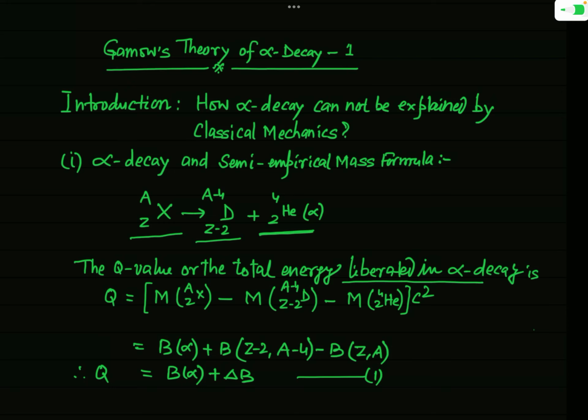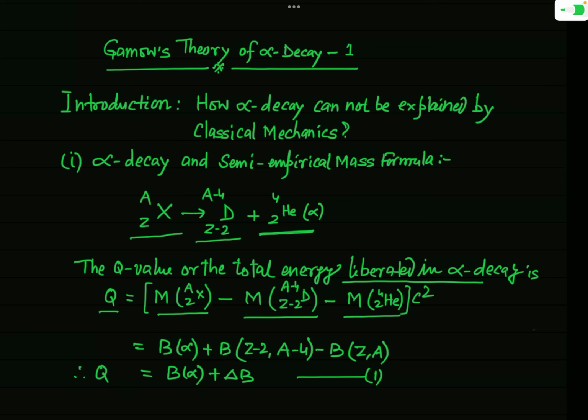So the Q value of the process is the mass of the parent nucleus, m of ZXA, minus the mass of the daughter nucleus, m of Z-2 YA-4, minus the mass of the alpha particle, m of 2He4, times c squared.